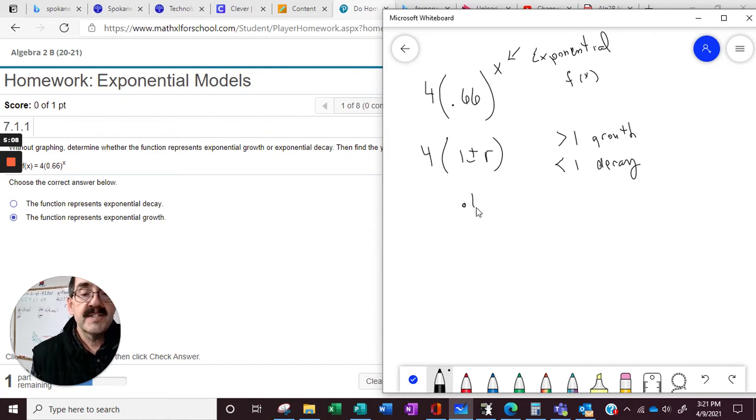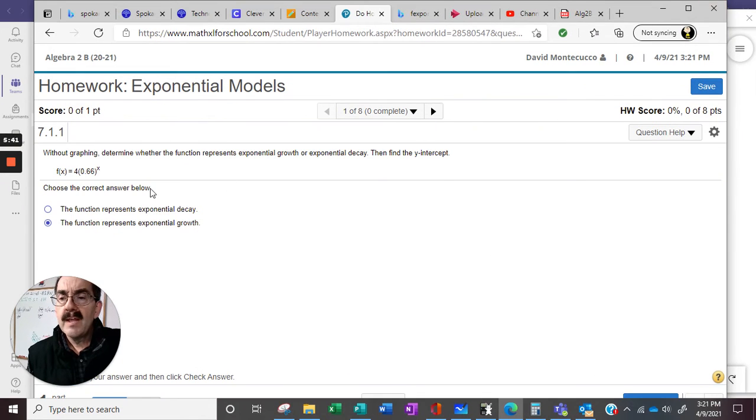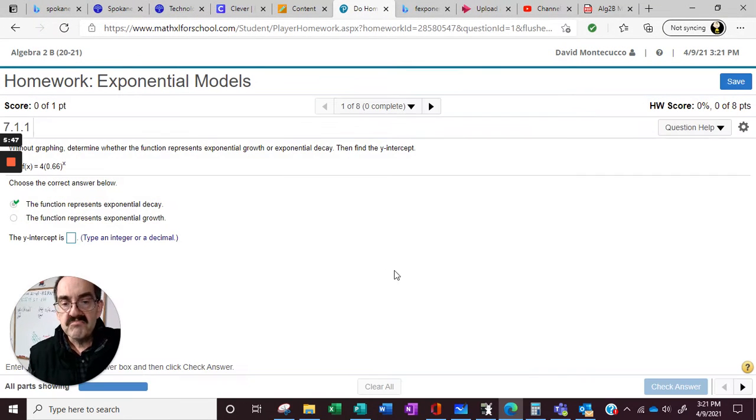Well, 0.66 is actually less than 1. This actual problem is 1 minus 0.34 to the x, which means 0.34 times 100 gives us 34% decay. So that's how the cheat sheet can help us. This represents decay. Final check. Good to go.